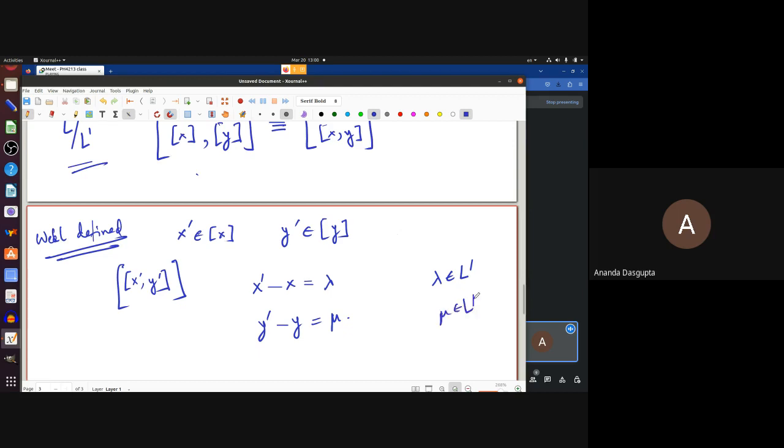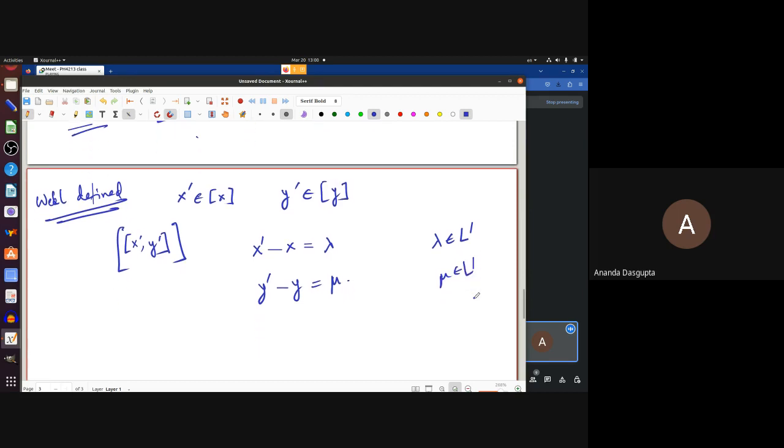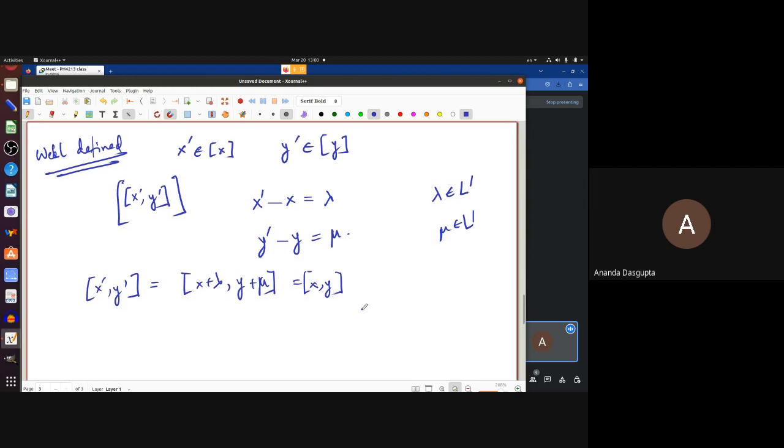That's the definition of X prime and Y prime being in the same equivalence class as X and Y respectively. So the bracket of X prime, Y prime has to be the bracket of X plus lambda, Y plus mu. And is this the same as the bracket of X comma Y? Of course not. Right? This is X comma Y, but you have three more terms.